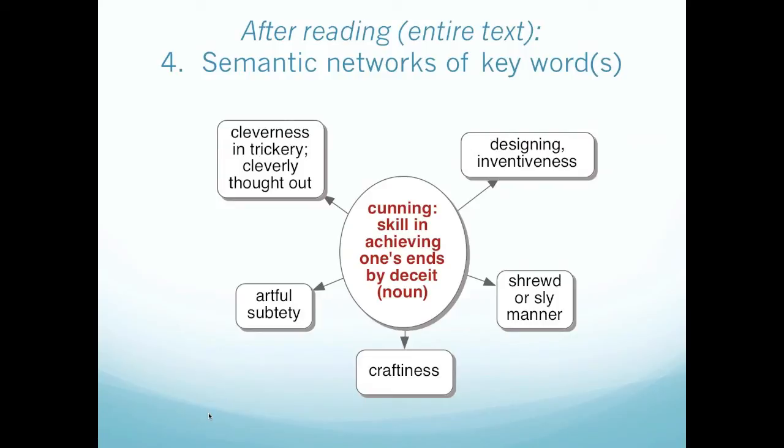And it turns out cunning is a crucial term in relation to Greek mythology. There are books written about wisdom and cunning in Greek mythology. So we want to get a sense of what cunning really means, and especially what it means in terms of Greek mythology.